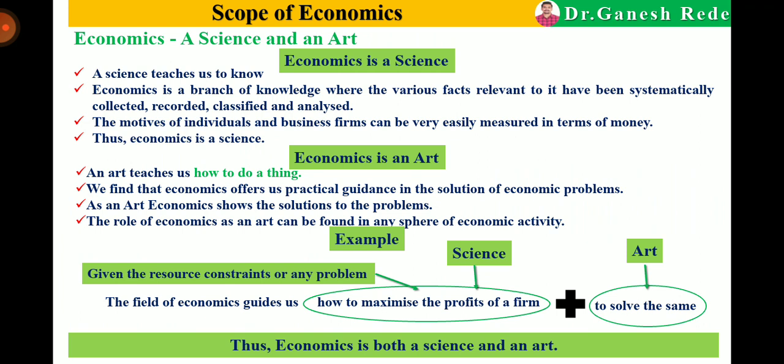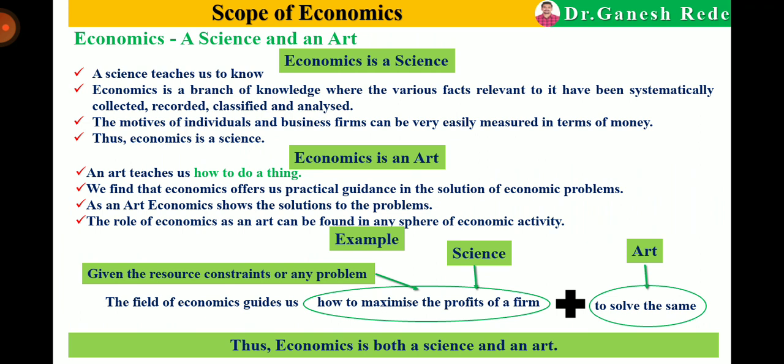As a science, it guides us with practical guidance, but as an art, economics actually shows the solutions to the problems. So the role of economics as an art can be found in any sphere of economic activity.